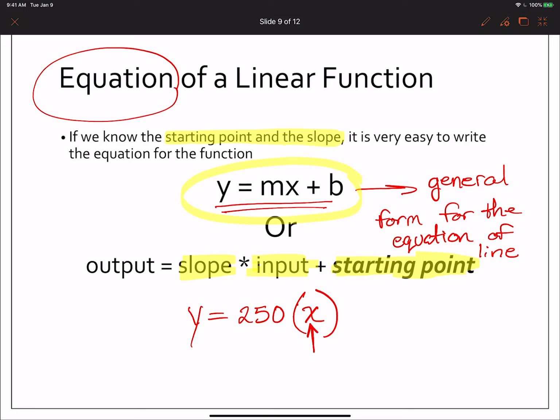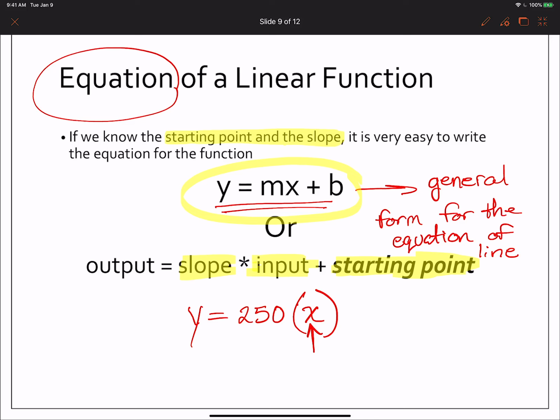We're just going to put x to represent our input. And this will allow us to find what we make for any number of shoes. Let's say 1 month we sell only 10 shoes, or 1 month we sell 0 shoes, or 1 month we sell 100 shoes. It'll let us find what we get for our output. And for that second example, let's not forget what we started with.